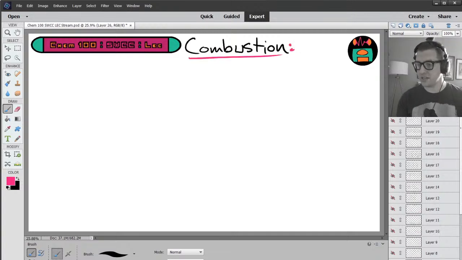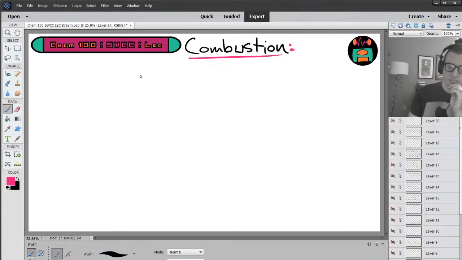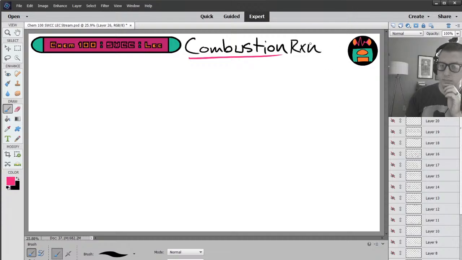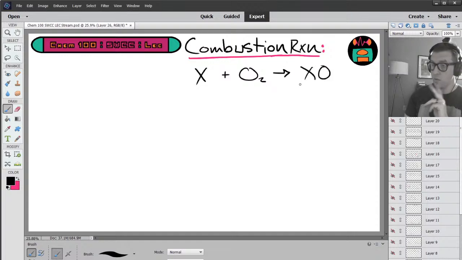All right, combustion reactions. A combustion reaction is a reaction where you take any element and you react it with oxygen gas to make what we call an oxide.